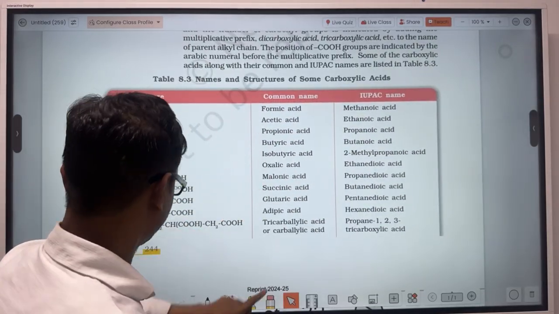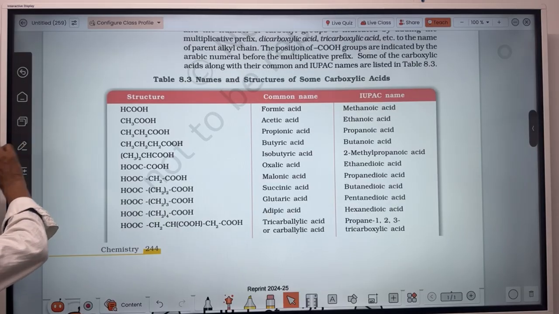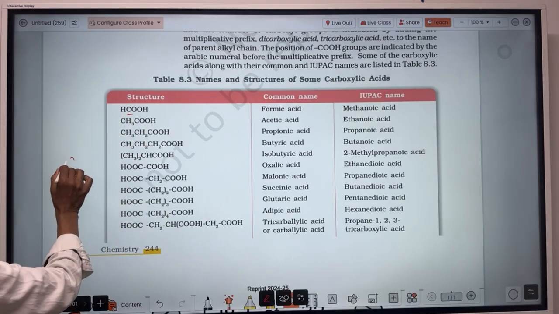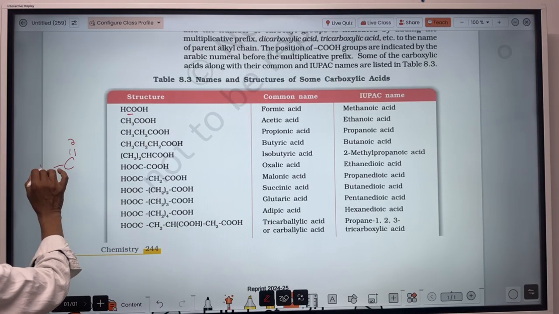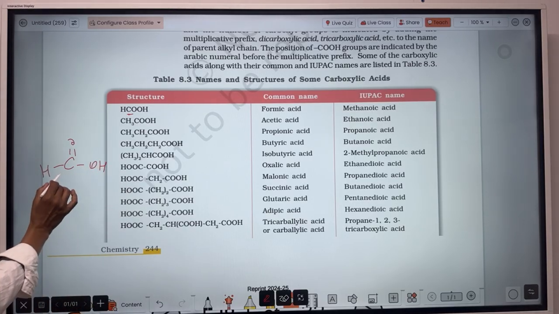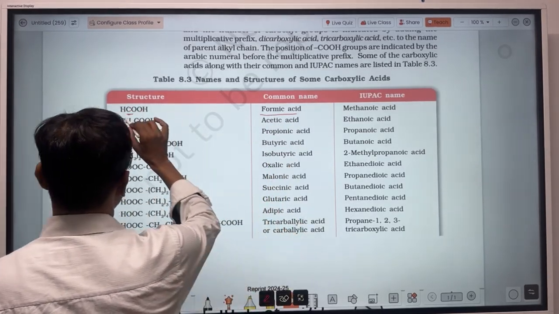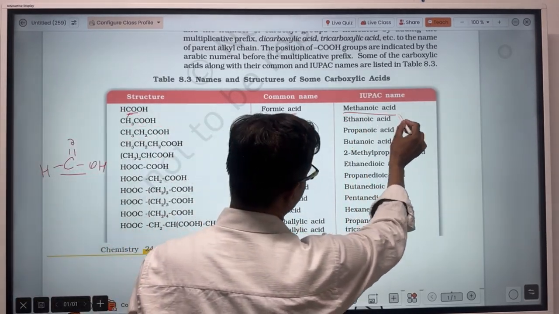Watch carefully here. First, when there is only one carbon atom, that means C double bond O, one side is hydrogen and another side is OH. That means this carboxylic acid is of one carbon. So its common name is formic acid, and because it is of one carbon, it is methanoic acid.